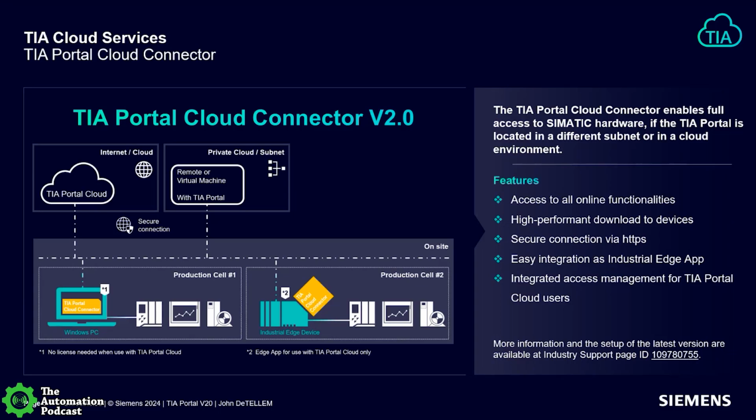With the release of TIA Portal v20 and TIA Portal Cloud version 5, we also have a new cloud connector that's been evolved and developed that supports additional functionality. And actually, the cloud connector as an app on our industrial edge is also a new component that's been recently released.